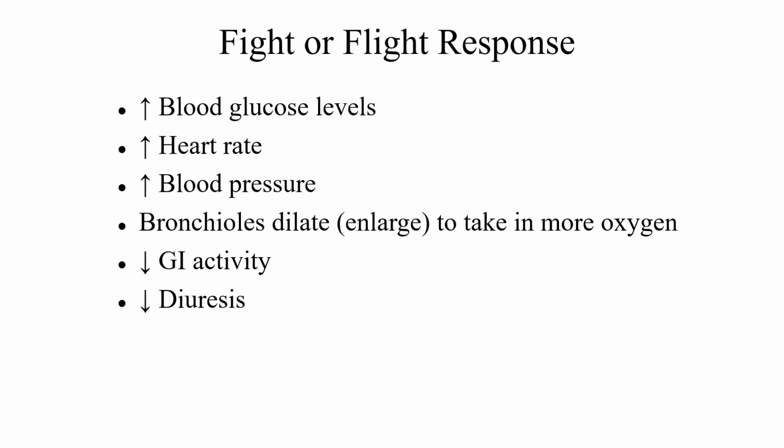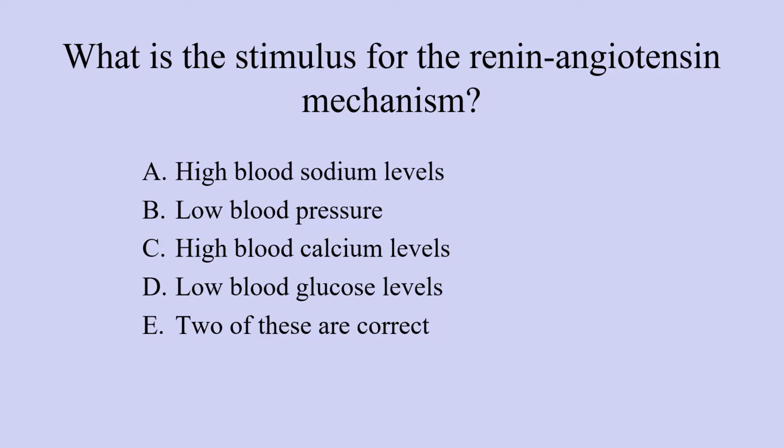So this particular set of hormones will cause an increase to the thoracic cavity organs and a decrease to those abdominopelvic cavity organs. Okay, so this particular set of hormones causes increased blood glucose, heart rate, blood pressure, increases the passageways for the respiratory system, but decreases gastrointestinal and urinary activities.